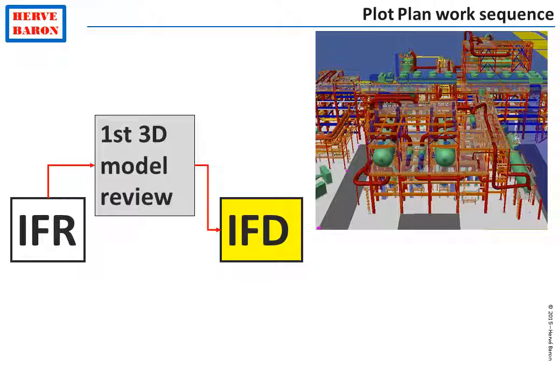Nevertheless, at this stage, the unit plot plan will not be finalized. As you remember, a number of equipment are designed by vendors such as rotating equipment, fired equipment, packages, heat exchangers. The dimensions of these equipment will not be known at the stage of the issued for design plot plan.